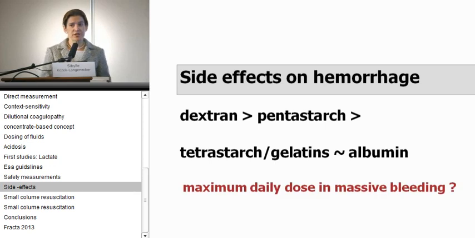But in the massive situation, in a traumatized victim, the maximum daily dose may not hold true. Maximum daily doses have been set for tetrastarch, for example, according to the licensing procedures. But if blood is simply running out of the cut vessels, what is the maximum dose that is still okay?